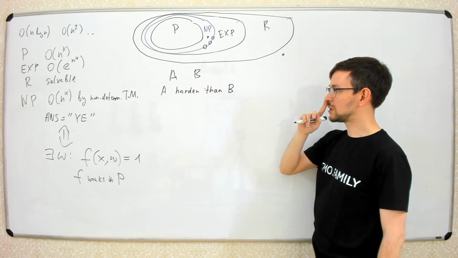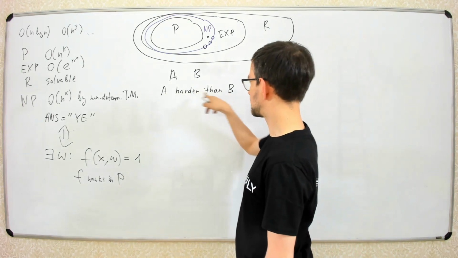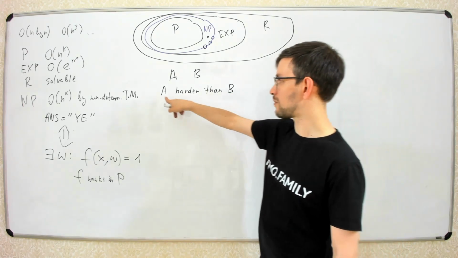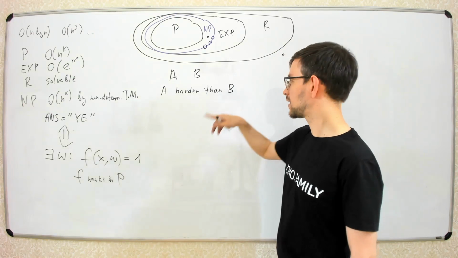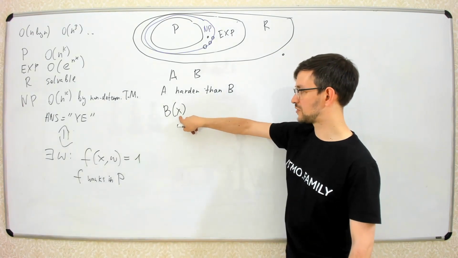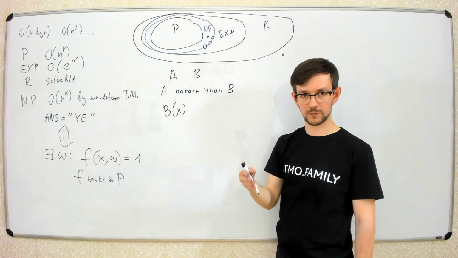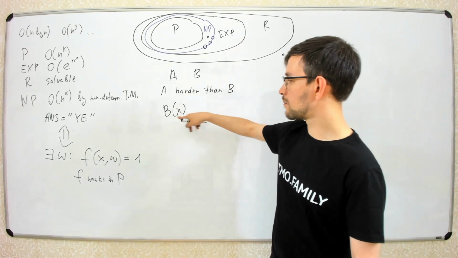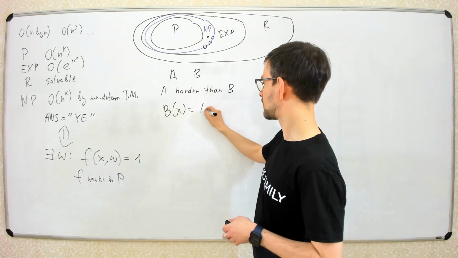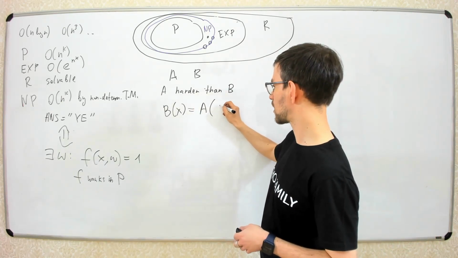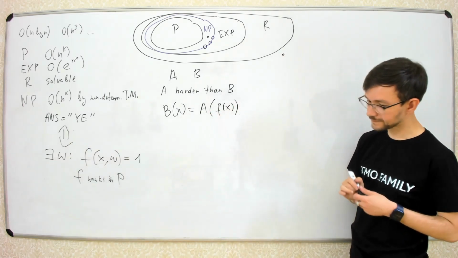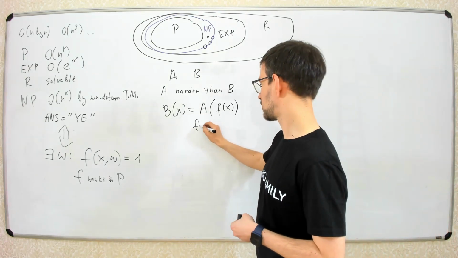If we want to solve problem B, instead of solving problem B, we will solve problem A. But we cannot give just the input of problem B, so we will modify this input X and give the modified input to problem A. So we will run problem A on the input of problem B modified by this function f. And this f is calculated in polynomial time.